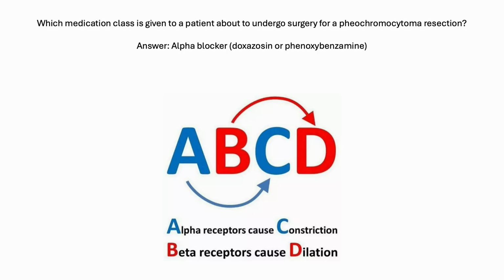Always remember your alpha receptors cause constriction, your betas cause dilation, A, B, C, D. Super common way to just remember this. So if we have someone going into surgery for a pheo, we want to give them an alpha blocker because we don't want that unopposed alpha adrenergic response, because that's kind of where they're already at. So start with that alpha blocker to kind of bring things back down to normal.